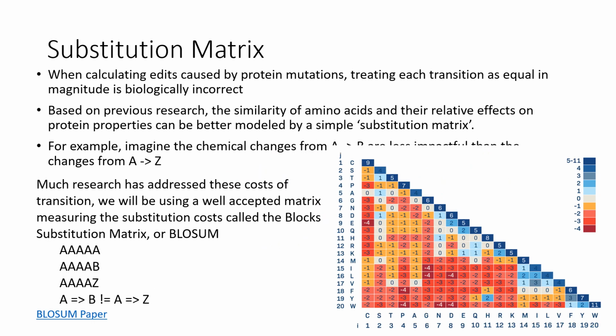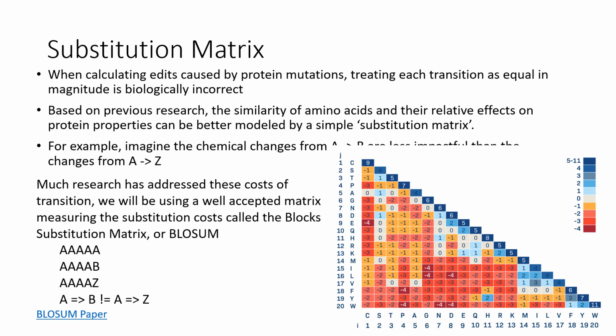So this later step of feature extraction takes the Levenshtein distance, which is independent of the biological component, and adds something that's specific to biology here, which is an understanding of the cost of transitions between different amino acids.